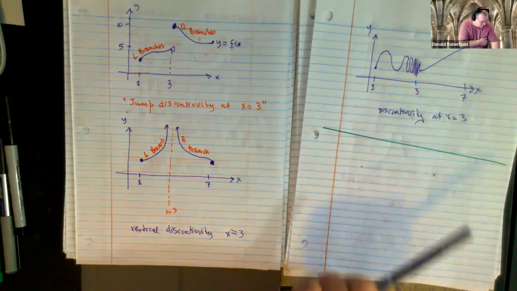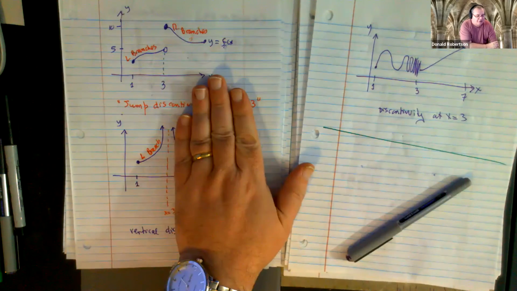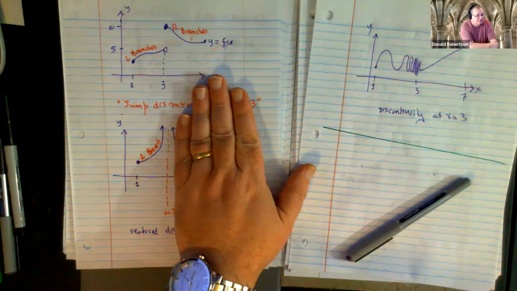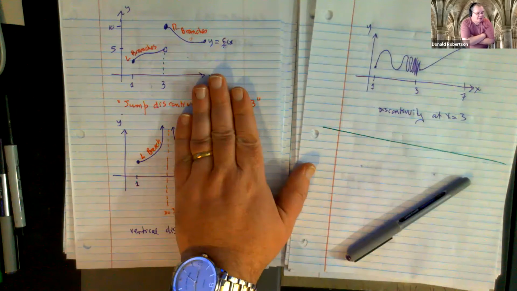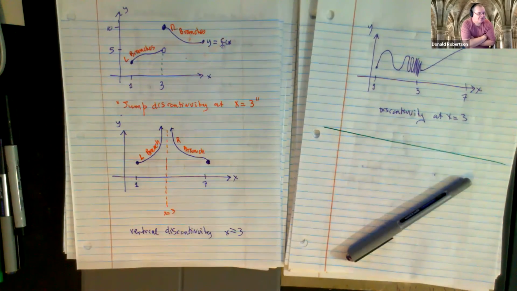Okay, let's do the left branch. Or right. As you get closer to 3, does that have a value? No, doesn't it shoot off to infinity? That shape will never have a left or a right continuous.